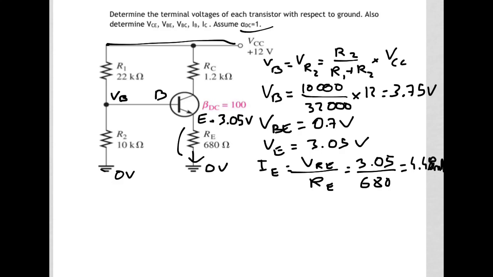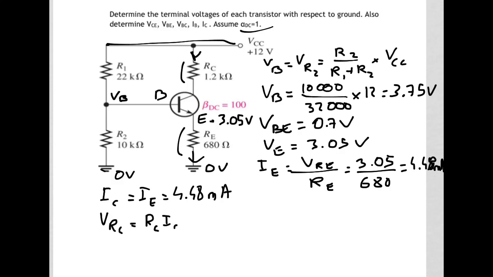Now with alpha DC equal to 1, IC is equal to IE, it means IC is 4.48 milliamps. Now that I know the current here, I can calculate the voltage across RC. VRC is RC times IC, so that's going to be 1200 times 4.48 times 10 to the minus 3.